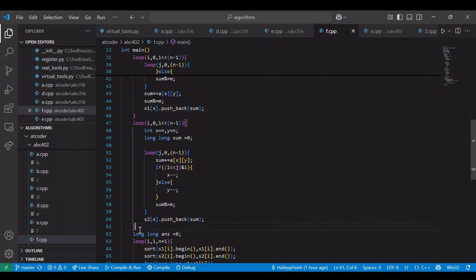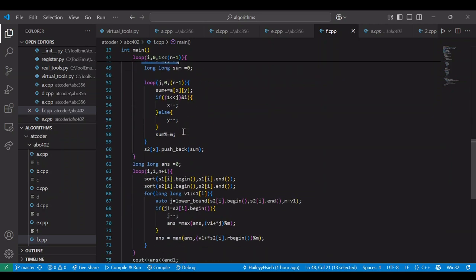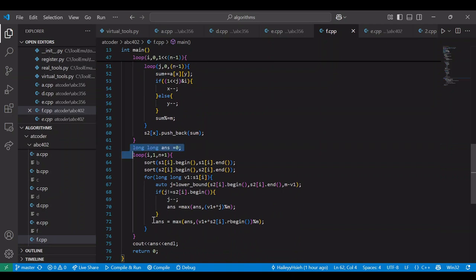And this part is doing the exact same thing, but changed to move from the end to the middle. And what I mentioned about performing binary search is that for each i from 1 to n, we can sort S1i and S2i. S1 is what I mentioned about the sum from the beginning to the middle, and S2 is the sum from the end to the middle.